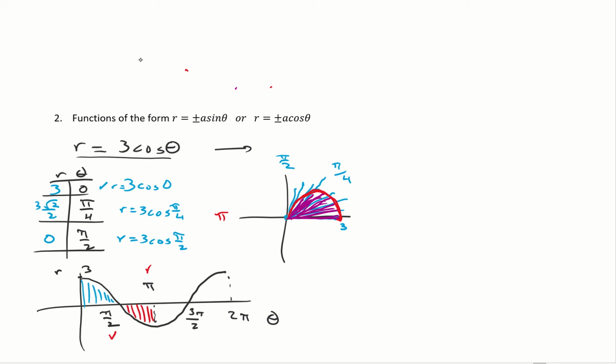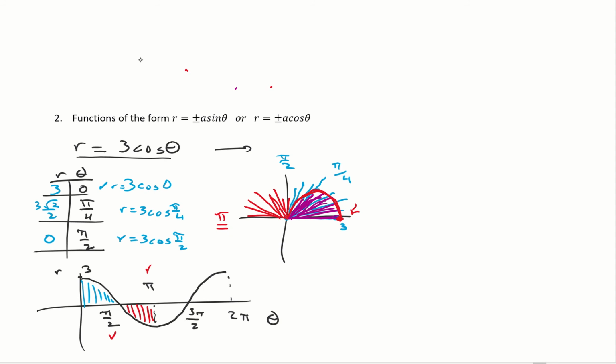It goes past pi over 2 where it's 0, and then it starts moving outward and fanning towards pi, okay? But as it does so, r takes on these negative values until when you're pointing in the pi direction, you actually backtrack 3, and you're on top of that starting point right there.